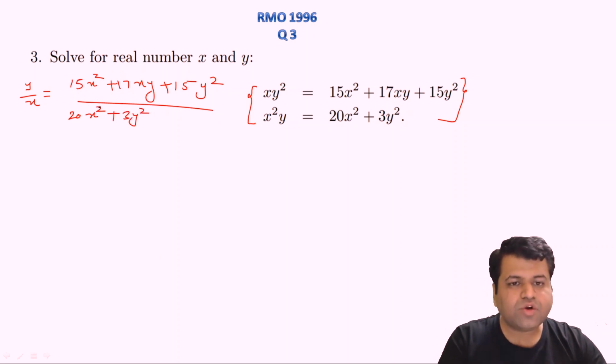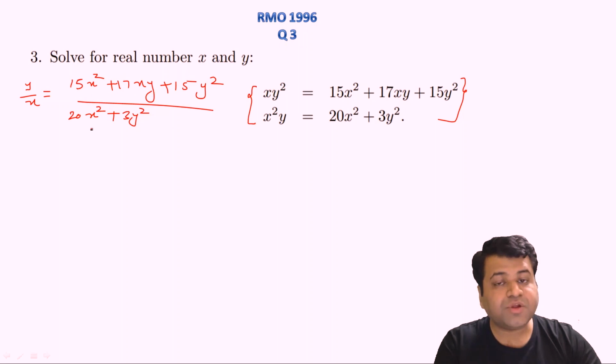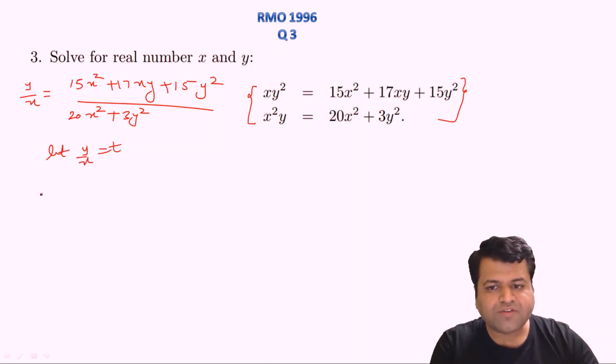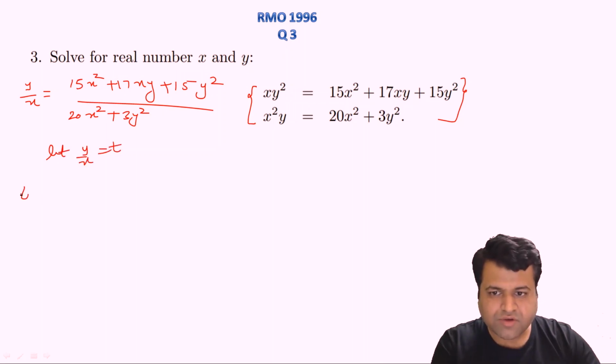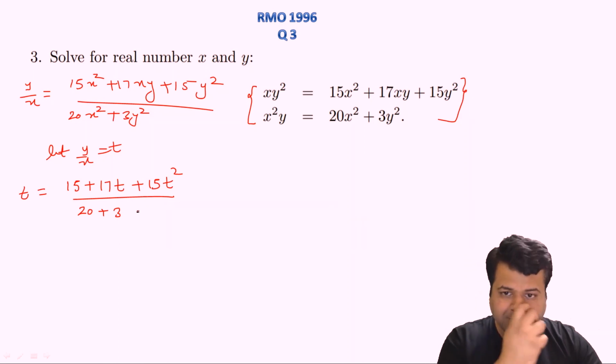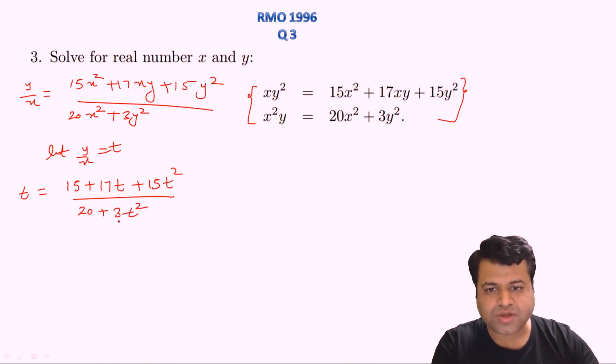Let's take x square common from the numerator as well as from the denominator to convert the whole equation into y by x, and let y by x equal t. So our equation converts to t equals 15 plus 17t plus 15t square, whole upon 20 plus 3 into y upon x whole square, which is 3t square, right?